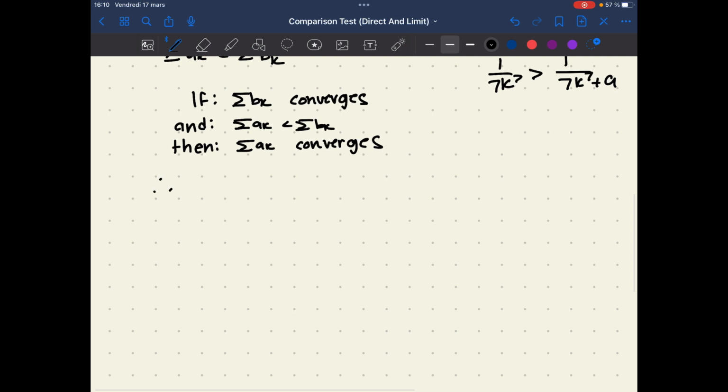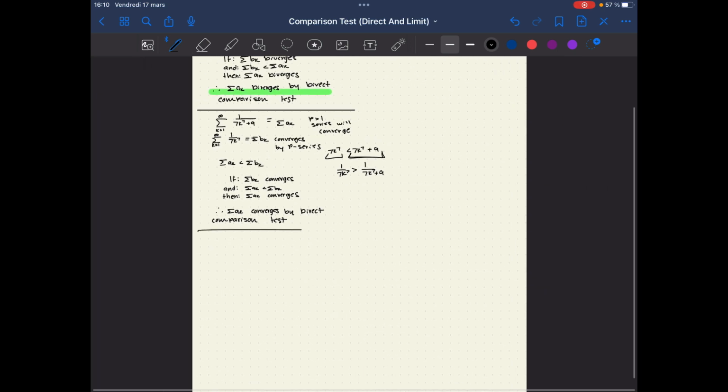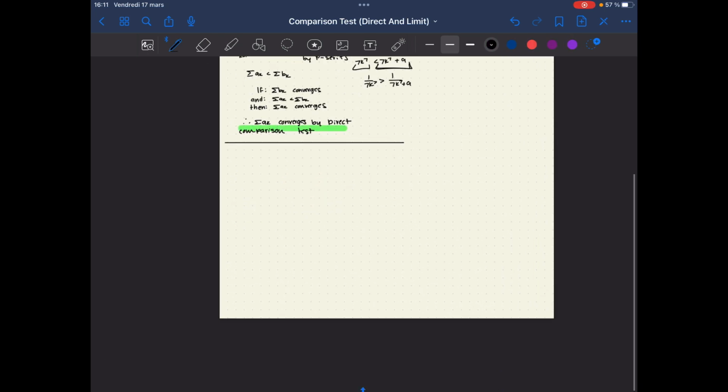Now we can write in conclusion, the series of a sub k converges by direct comparison test. You can write a line right there to separate from the next problem. Highlight the answer in green, highlight the question in purple, and we can go to the next one.